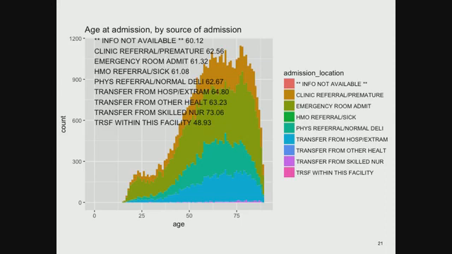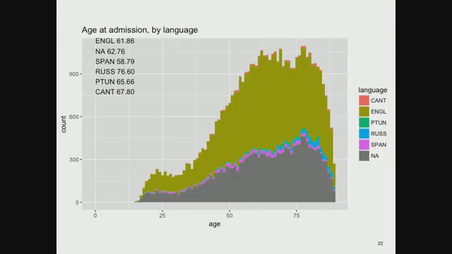The averages there and the distributions look moderately similar. If you're coming from a skilled nursing facility, you're probably old, because younger people don't typically need skilled nursing care. And I'm not sure why transfers within the facility are significantly younger ages, but it's true from the MIMIC data.